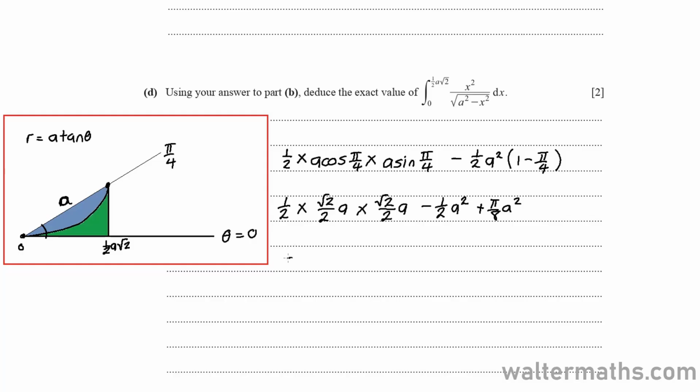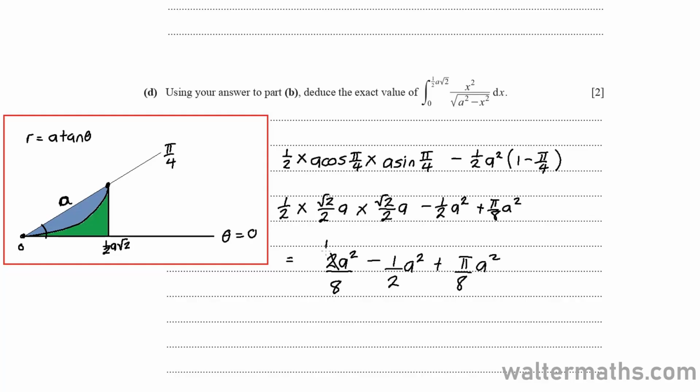So we can simplify this a little bit more. At the top we'll be having 1 times root 2 a times root 2 a, which is 2a², and it's over 2 times 2 times 2, which is 8, and it's minus half a², and it's plus π/8 of a².